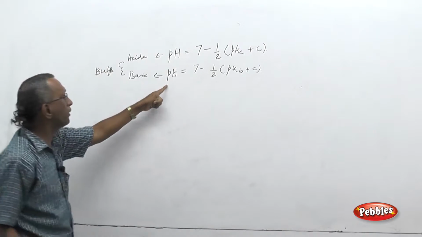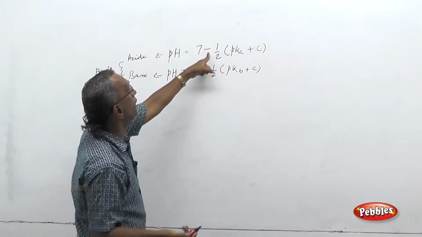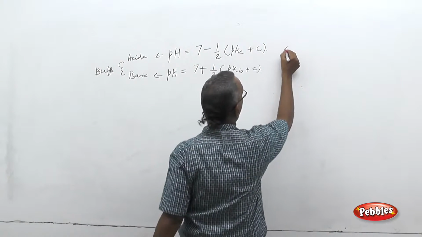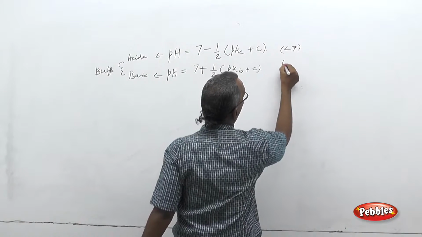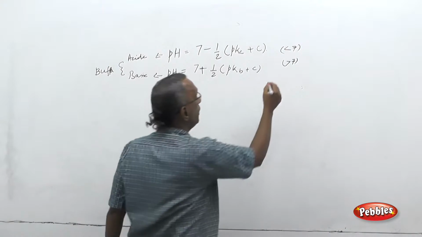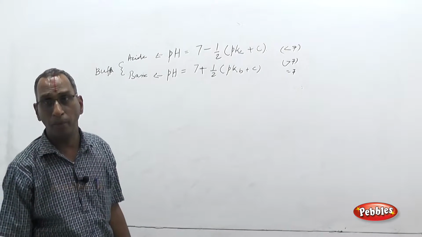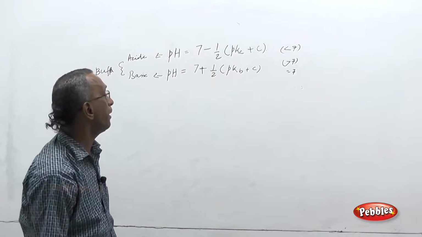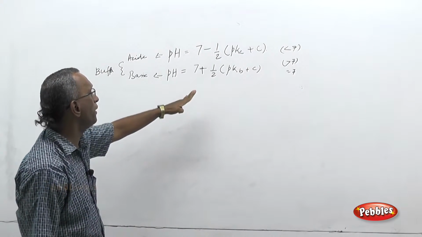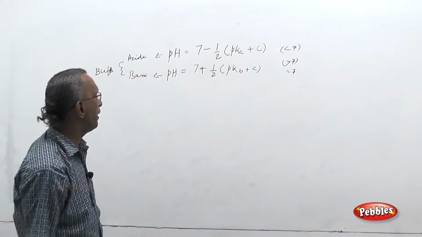So we know that here it has to be noted. It is 7 plus in one case and 7 minus in the other. Because acidic pH is less than 7, basic pH is greater than 7, and neutral pH is equal to 7. That is to be noted. Solutions are divided into 3 types based on pH. So these expressions enable the determination of the pH of a buffer, whether it is an acidic buffer or a basic buffer.